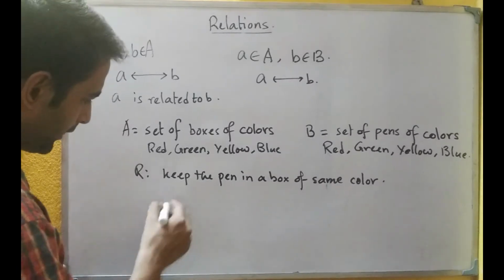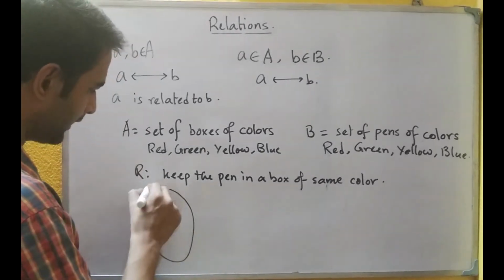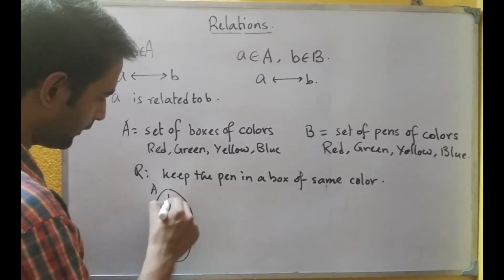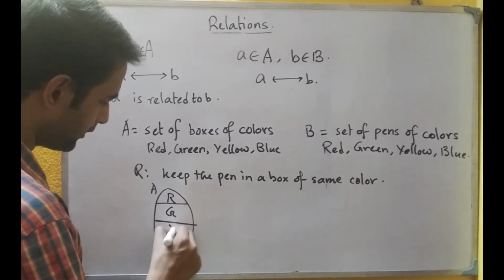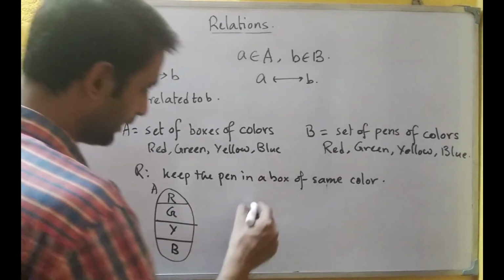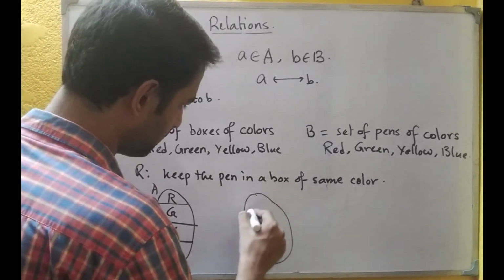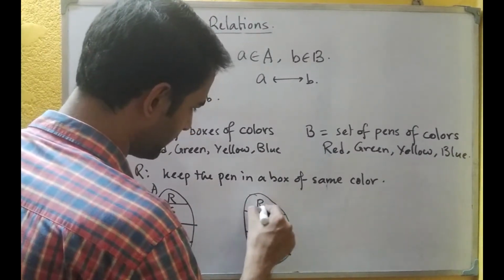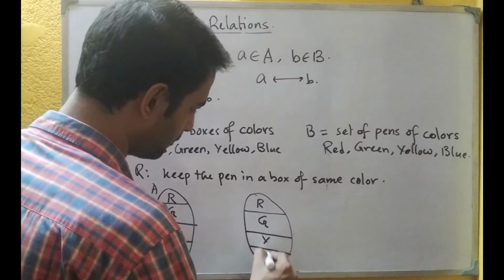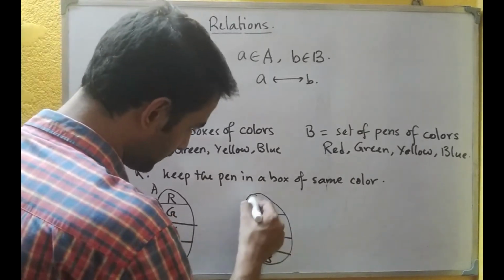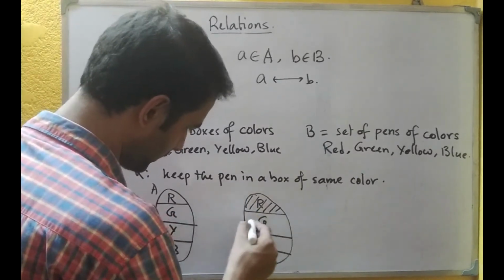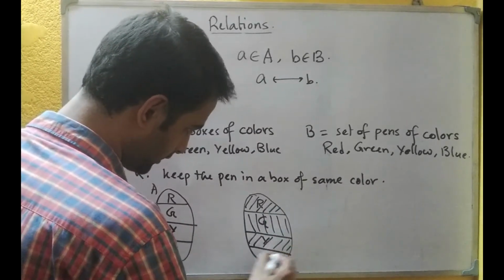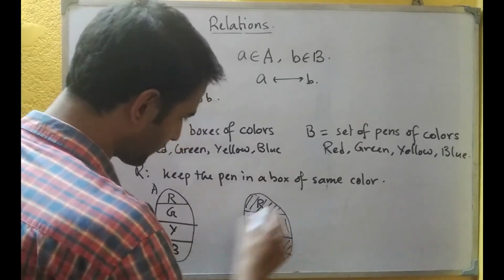So for a diagrammatic view, we take the sets like this. This is the set A with 4 boxes of 4 different colors: red, green, yellow and blue. And here we are taking the pens of 4 different colors again. This is red, this is green, this is yellow, this is blue. So in this region all the red pens are there, in this region all the green pens, in this region all the yellow, and here all the blue pens.